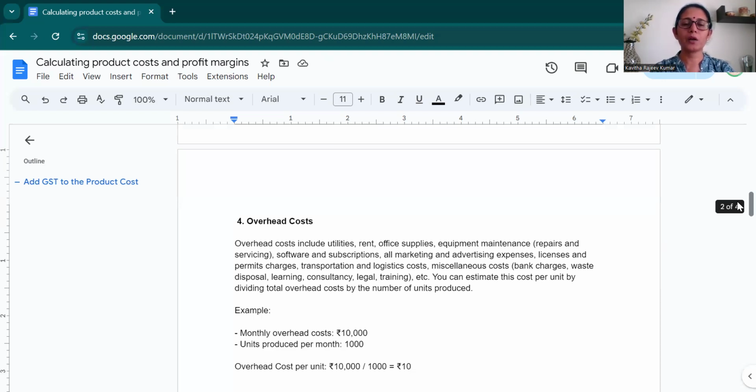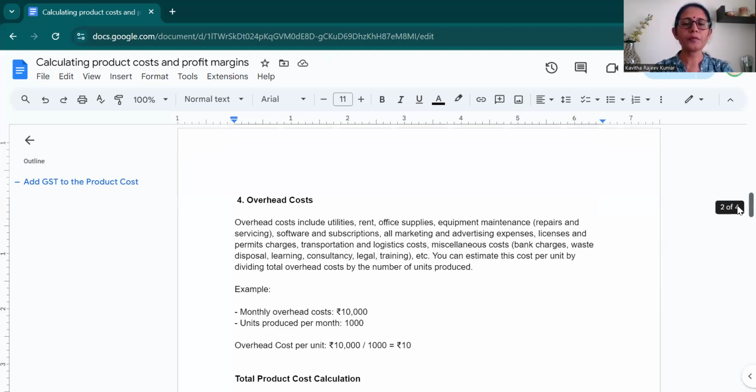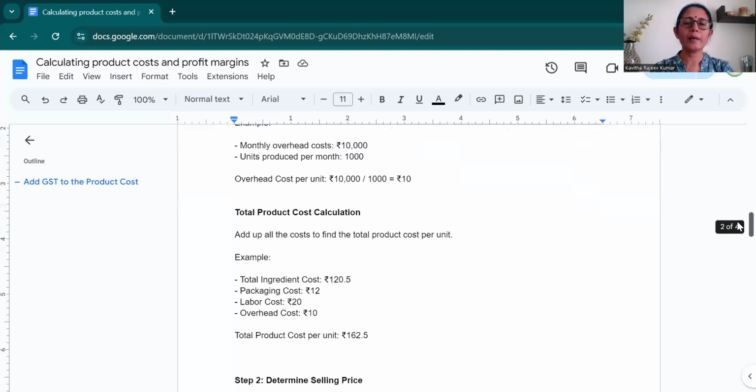That will give you the overhead cost per unit. Now add up all these to get the total product cost. The total ingredient cost plus packing cost plus labor cost plus overhead cost will give you the total product cost per unit.